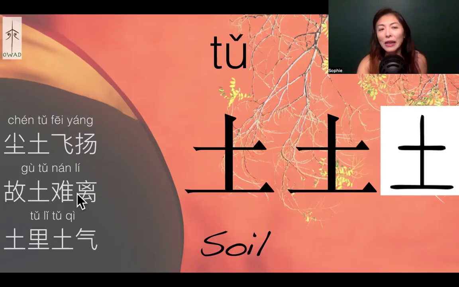So 故土难离, nan means difficult, difficult to leave behind. 故土难离 speaks a lot to first generation immigrants like me, that all these years I'm away from my origin soil. And that heartstring pulling by leaving my homeland or hometown and home folks behind.